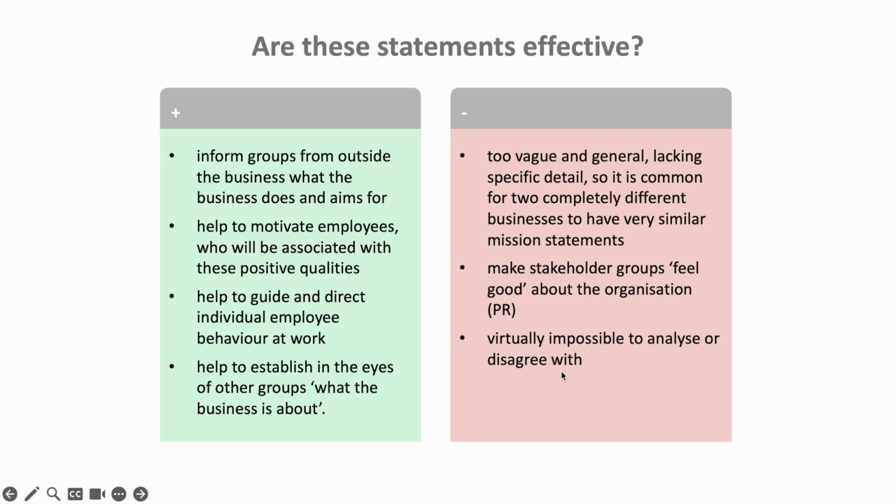Very often, if you're writing it in a very general and vague way, and if you're lacking specific detail, which you're supposed to have, very often if they are too general, it is possible to have very similar mission statements and vision statements for two completely different businesses. And since they are so general and vague, it is virtually impossible to analyze or disagree with. So they have a purpose, but they also have their limitations.